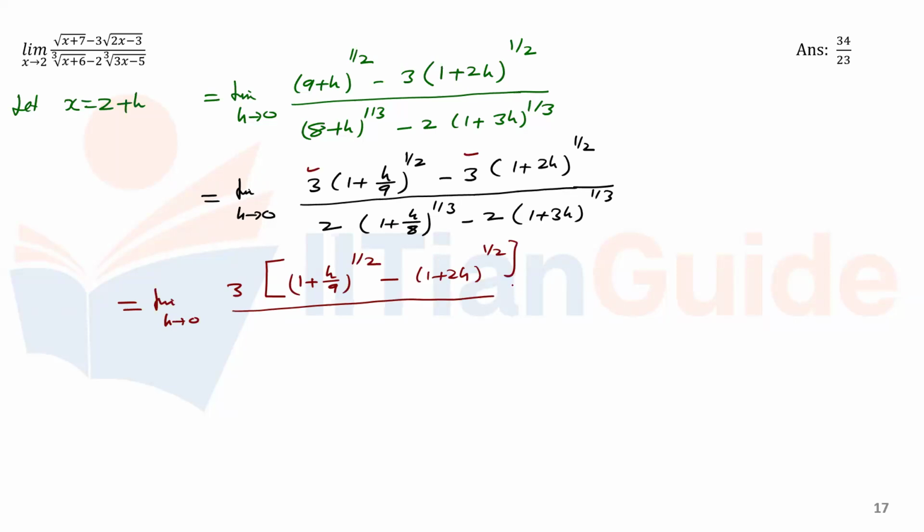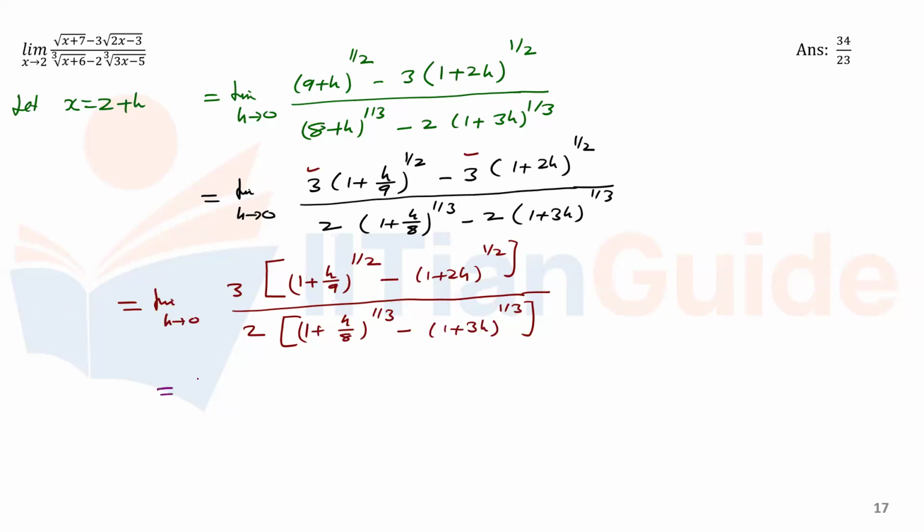In the denominator, I have taken 2 common, so I am left with (1 plus h by 8) whole power 1 by 3 minus (1 plus 3h). No need to worry. It's a very simple, very easy term. But pay attention to what I am going to write now. I am writing 3 by 2 outside so that nobody gets confused.